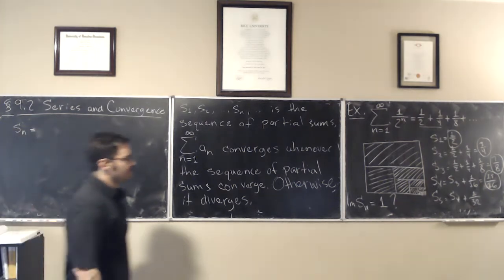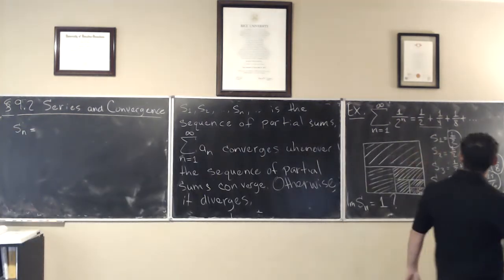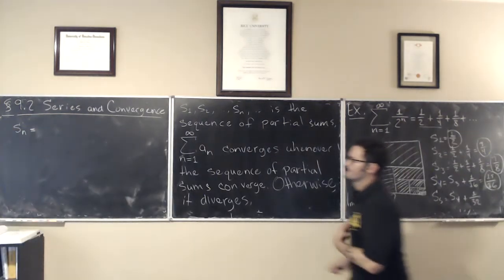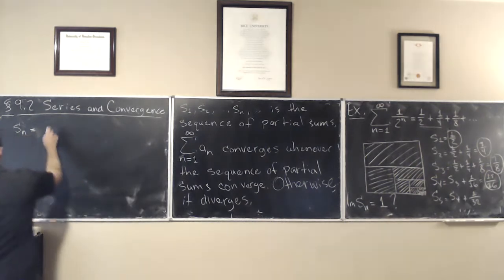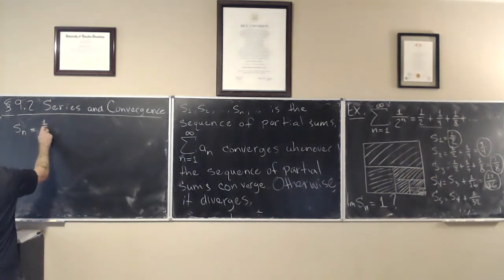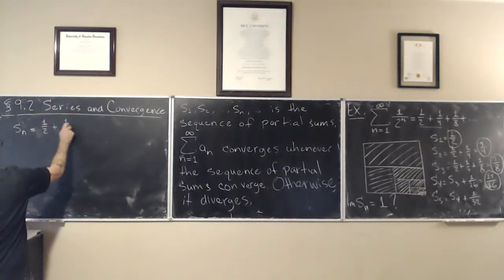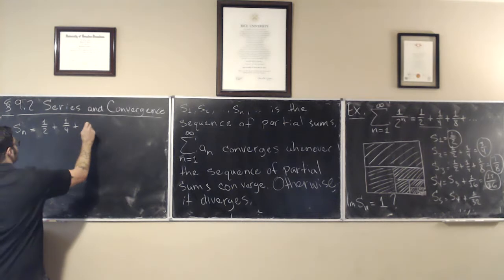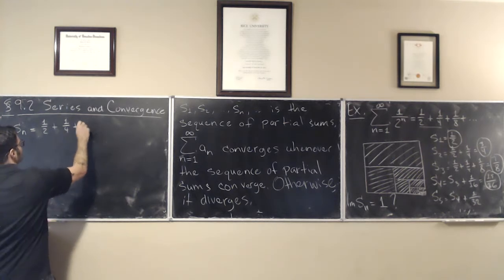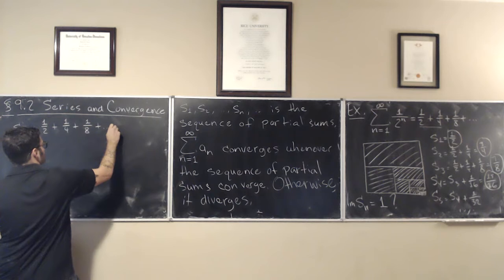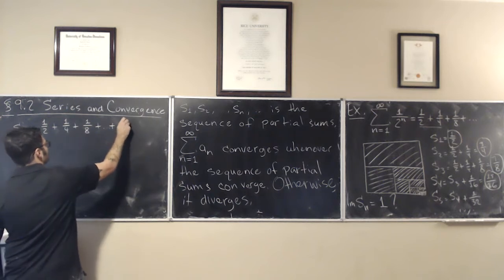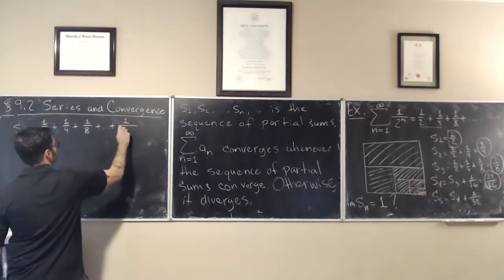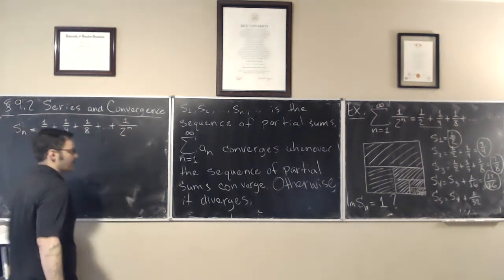It looks like a half plus a fourth plus an eighth, plus dot dot dot, up to 1 over 2 to the power n.